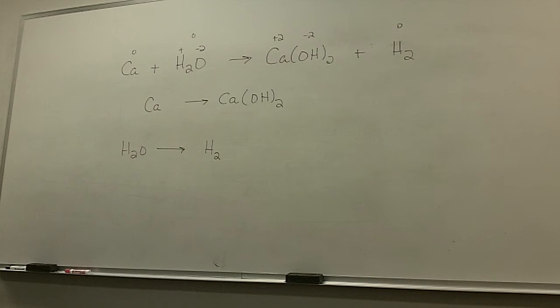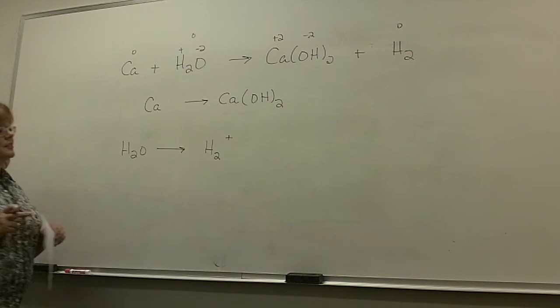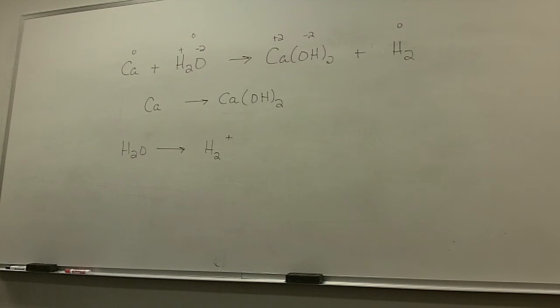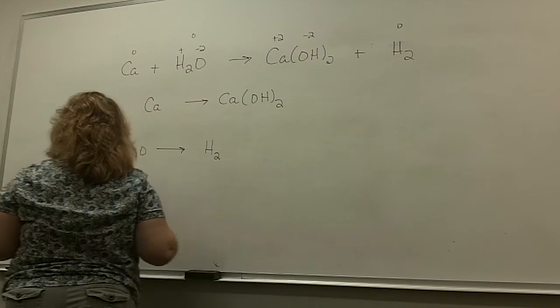I'm not sure. I guess the H should have, it didn't put it on the worksheet, but shouldn't that have a plus, even though it's a diatomic? I guess because it is diatomic, we don't need to do that. Yeah, it's still 0.